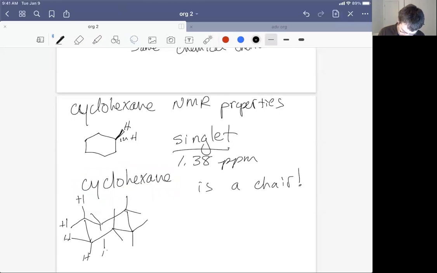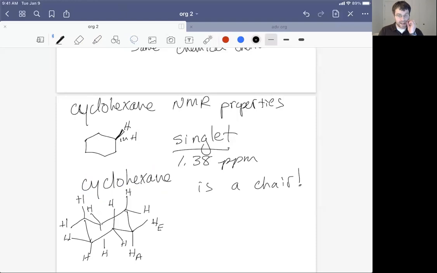The chair cyclohexane kind of complicates things for us, and kind of is an understatement here. The reality is that the cyclohexane does not possess the same degree of symmetry as what we saw with benzene. Because it's not flat, the top and the bottom face are different from each other. That is, in one case, you have an axial group. In another case, you have an equatorial group.